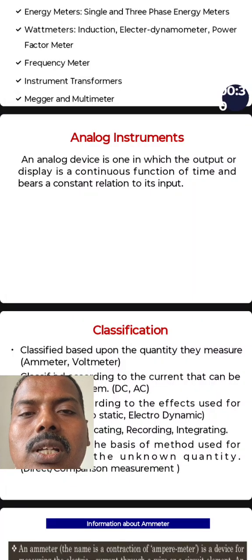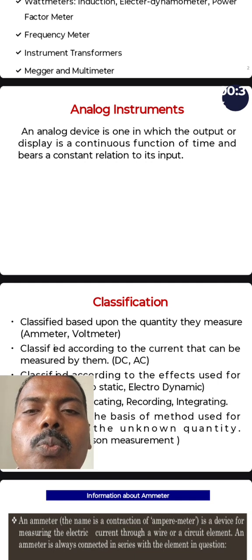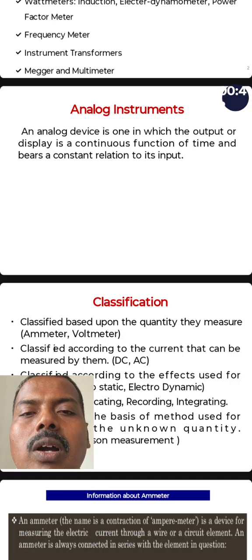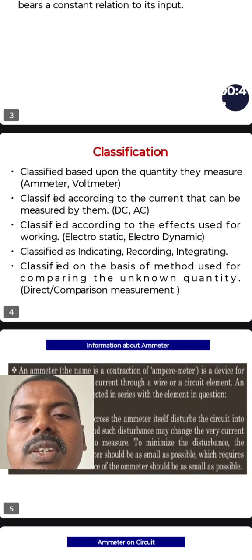So first, the analog instrument. It is a device whose output or display is a continuous function of time and has a constant relation to its input. So the classification of the analog instrument is here. Based on the quantity they measure, like the ammeter, voltmeter.